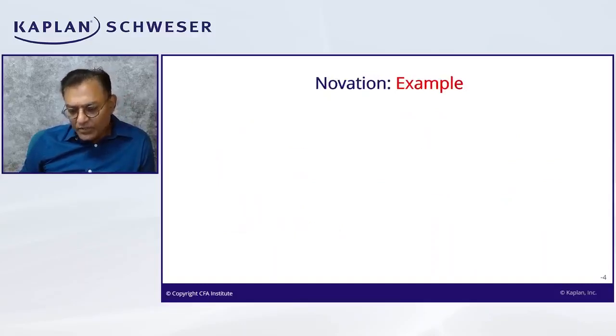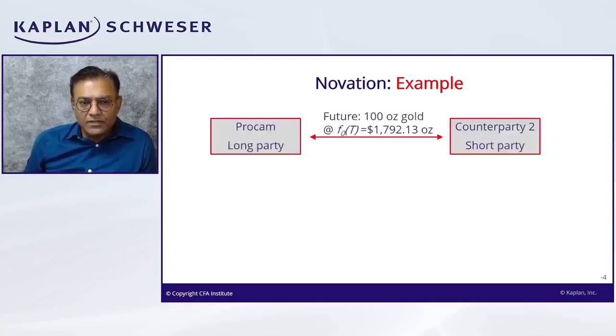So let's talk about the concept of novation. We mentioned it briefly earlier. Novation is basically where the clearinghouse or the CCP takes the other side of the trade. So in our previous example, there was a long party, Procam Investments, which had agreed to purchase 100 ounces of gold at a locked-in forward price of $1,792.13 per ounce.